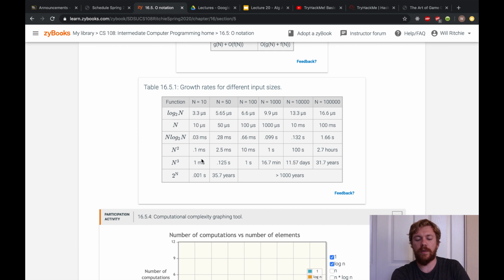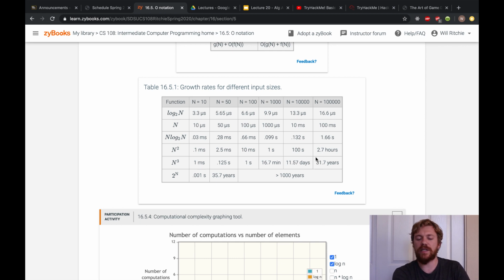But if we go up to a much higher order term, for example n cubed, n with only 10 elements takes 1 millisecond, not very long, fairly negligible. But as soon as we get to n equal to 100,000, look at that, an n cubed algorithm might take 31.70 years to complete, which is ridiculous, absurdly long, right?